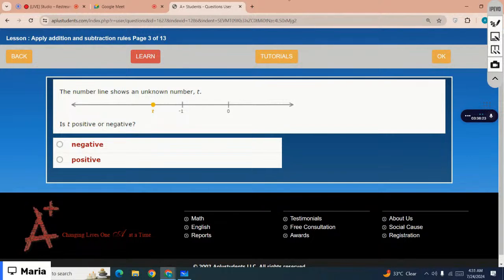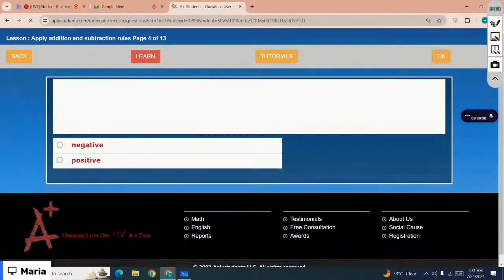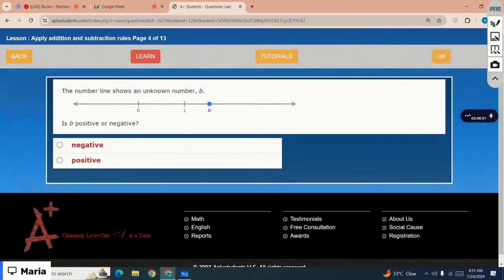The correct option is t is negative. Option number 1 is the correct option. Okay, the next one is the number line shows an unknown number b. Is b positive or negative?